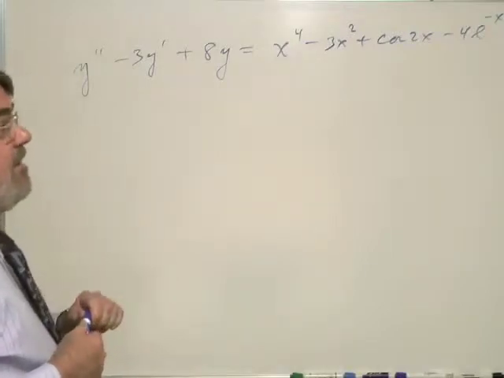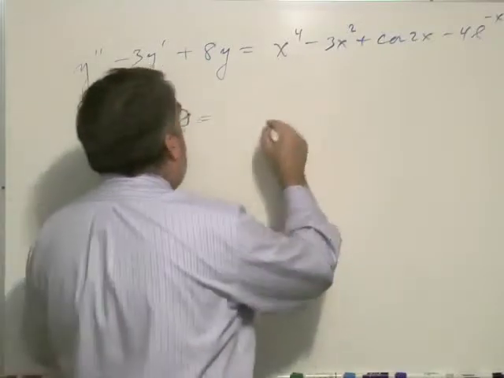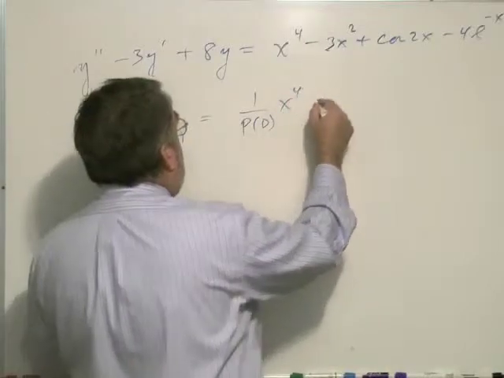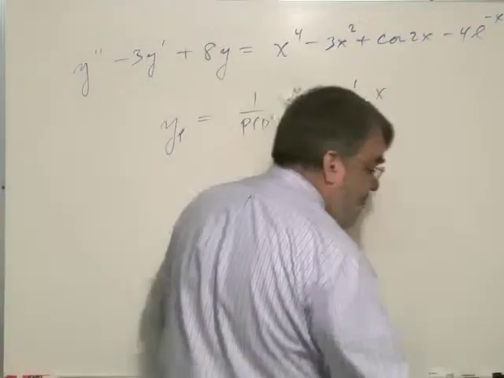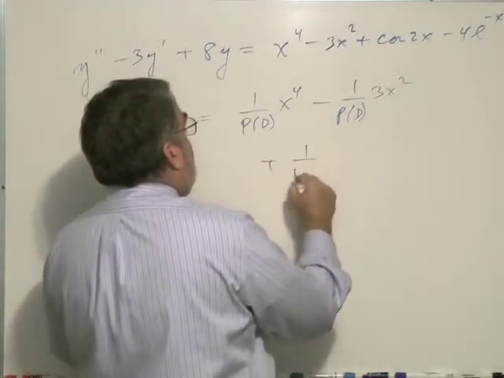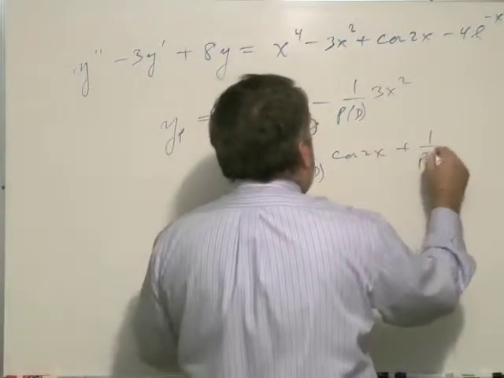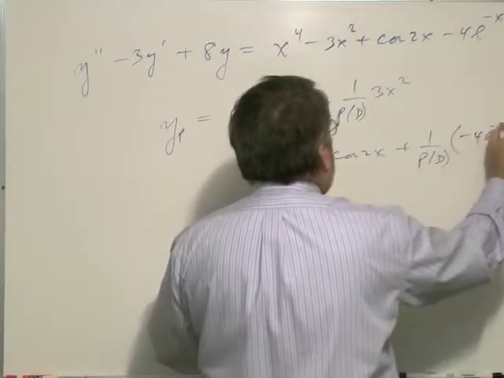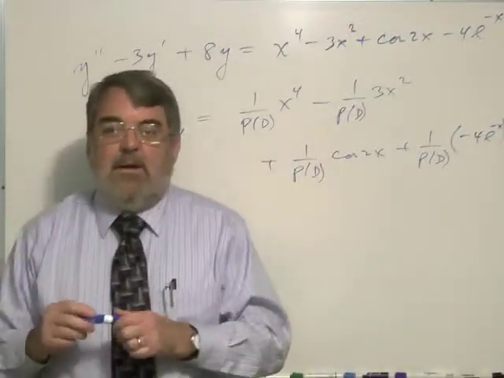It just simply says that we can apply our inverse operator, 1 over p of d, to the first term, the second term, 3x squared, and the third term, cosine of 2x, and the fourth term. Anyway, case 7 just justifies it. It says that we can split that up into basically 4 separate problems if we wanted to, using operators.